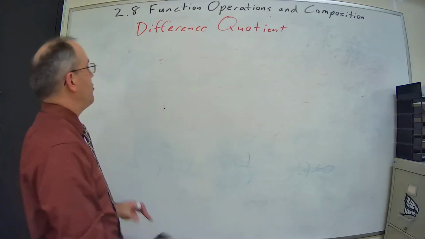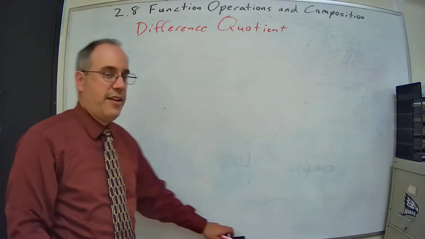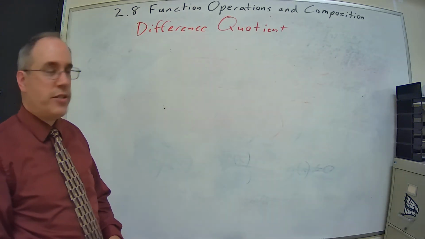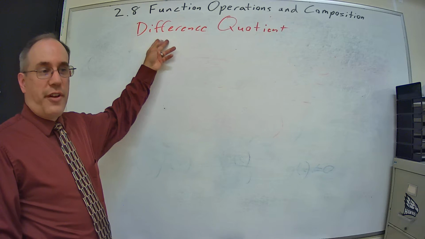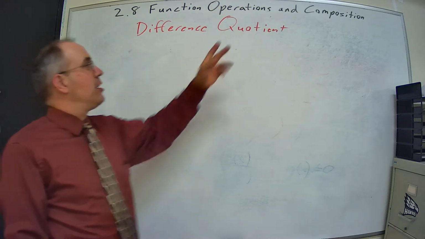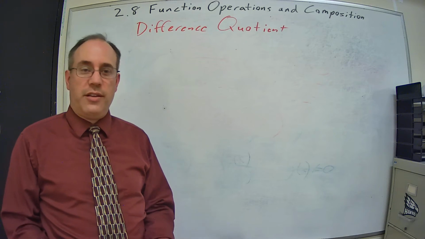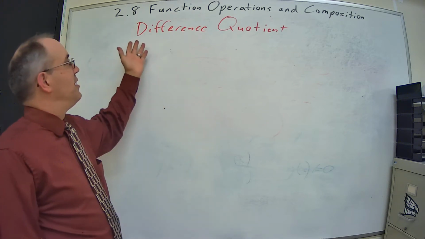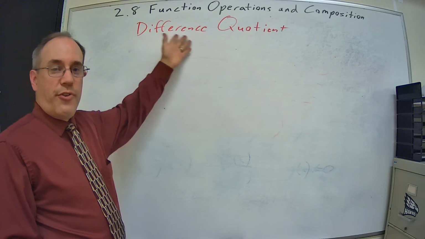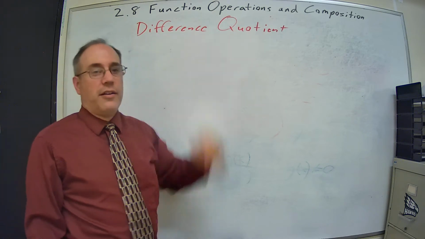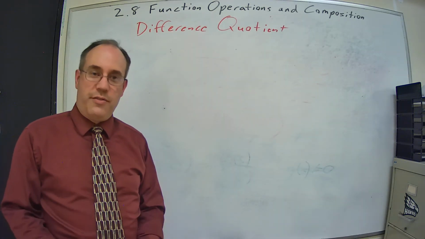Well, talk about using two words that stand for two different operations, right? The difference is subtraction, quotient is division. So the difference quotient is actually finding a difference, subtracting, while dealing with a division.